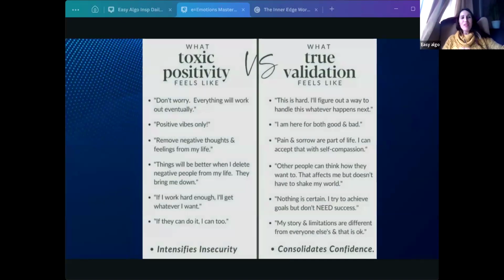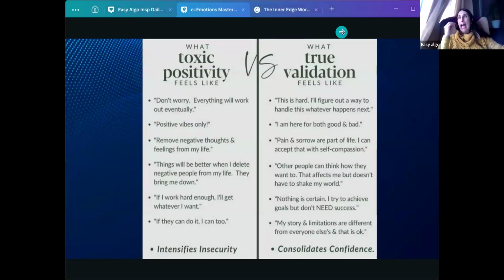Okay, so like I was saying earlier, we're not interested in toxic positivity. We are wanting to activate true validation. So when there's been an activation that's happening, I want you to notice for many of us, we think we process our emotions, and this is where some accountability comes in, but we actually intellectualize the emotion.